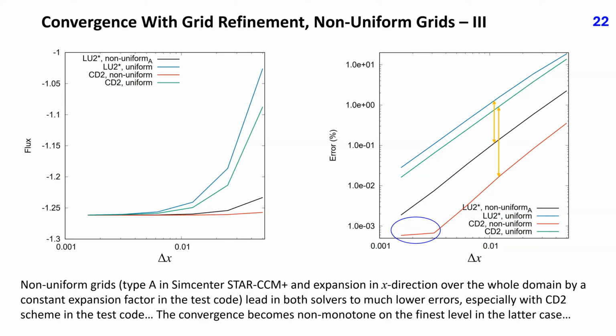when second-order schemes in the test code, linear interpolation for convection, central difference for diffusion, labeled CD2, and in Simcenter STAR-CCM+ software, second-order upwind scheme for convection, central differences for diffusion, labeled LU2, are used on non-uniform and uniform grids.